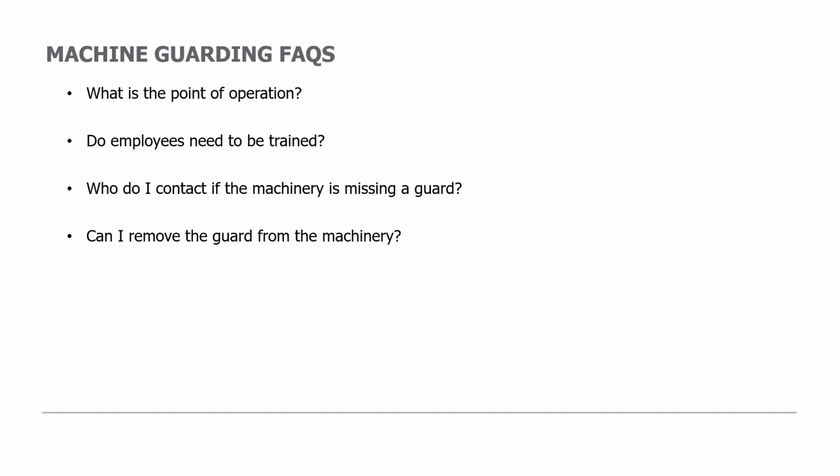Can I remove a guard from the machinery? Okay, that's another question that always comes up. Well, this one kind of comes back to your lockout tagout. Remember this, you may have to physically remove a guard to do any type of maintenance on that piece of equipment. Depends on what the machine is, who designed it, how it was designed. But remember, make sure you thoroughly lock it out and tag it out before any guard has been removed off that particular machinery.